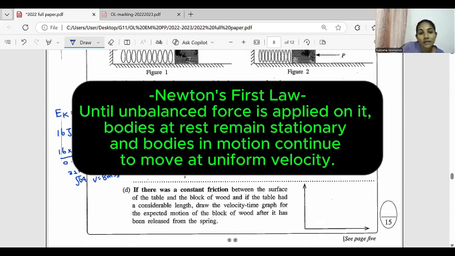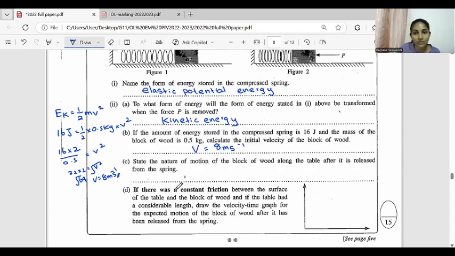The unbalanced force is a force that can change the position. The unbalanced force can move an object by changing its position. So here, the nature of movement is that it is going to move with uniform velocity or uniform speed.